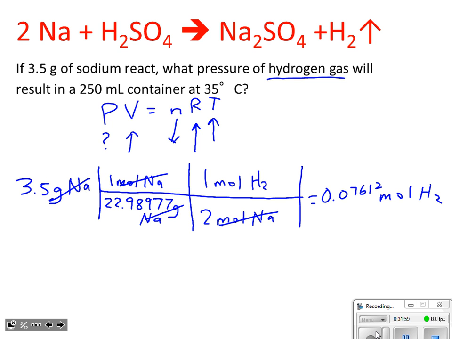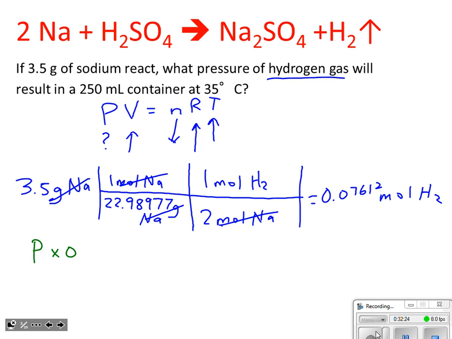Once again, I'm going to carry it out more than I normally would, because now I'm going to throw it back into my PV equals nRT. So, as I do so, pressure, I do not know.